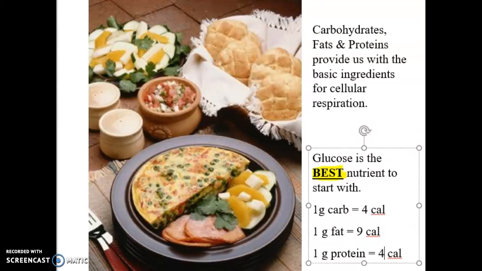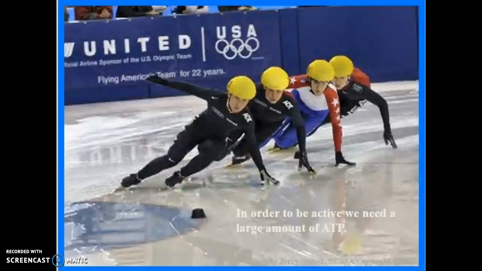Okay, so anytime we are active, and it doesn't have to be bobsledding, it doesn't have to be speed skating, it doesn't have to be walking and running or doing any kind of activity like that. Just sitting, your heart's active and beating, your brain is shooting impulses, reading this lecture, your body is active, you're burning calories. We need millions and millions and millions of ATP every single second for our muscle cells to function. Okay, so millions of ATP.